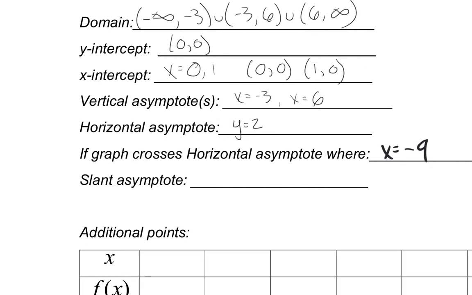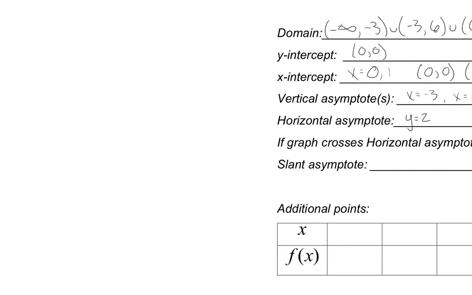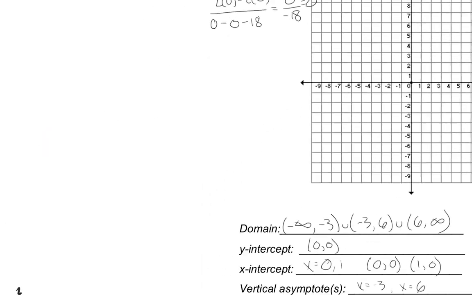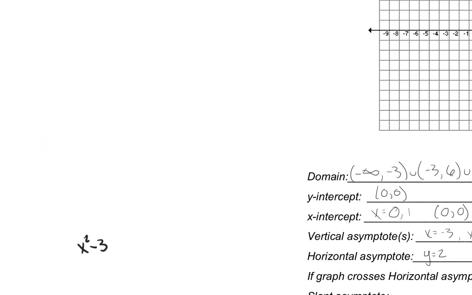So now we have to check for our slant asymptote. That means we're going to divide x squared minus 3x minus 18 into 2x squared minus 2x.